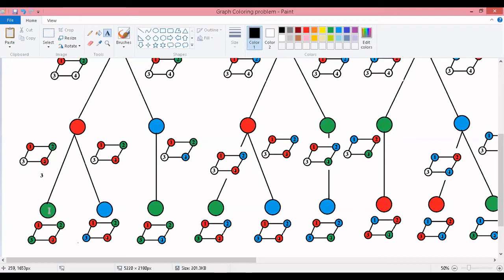Now, during the time of coloring this node with green, you have to compare it with the previous node to find what color the previous node is colored. How many times will you compare? At most a maximum of 3 times, because 3 colors are there.